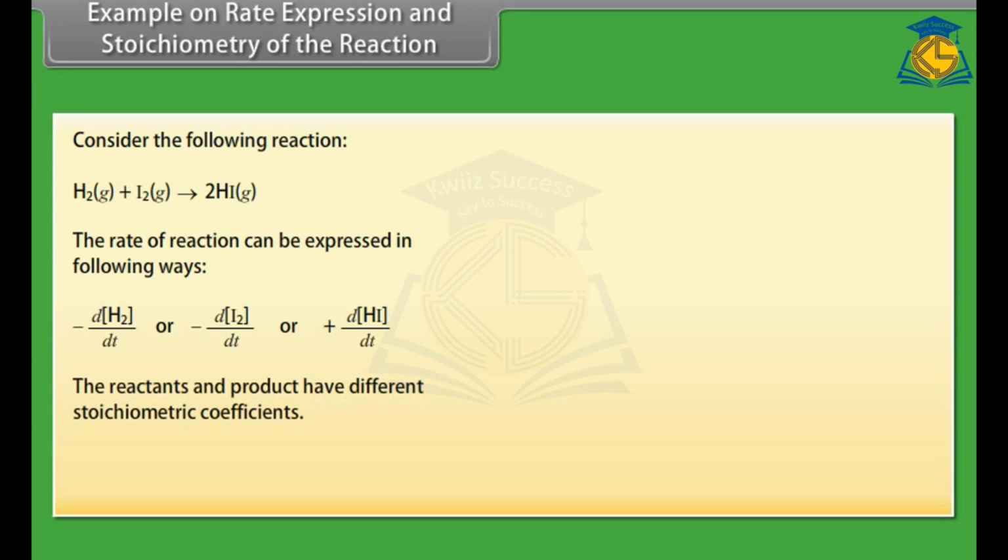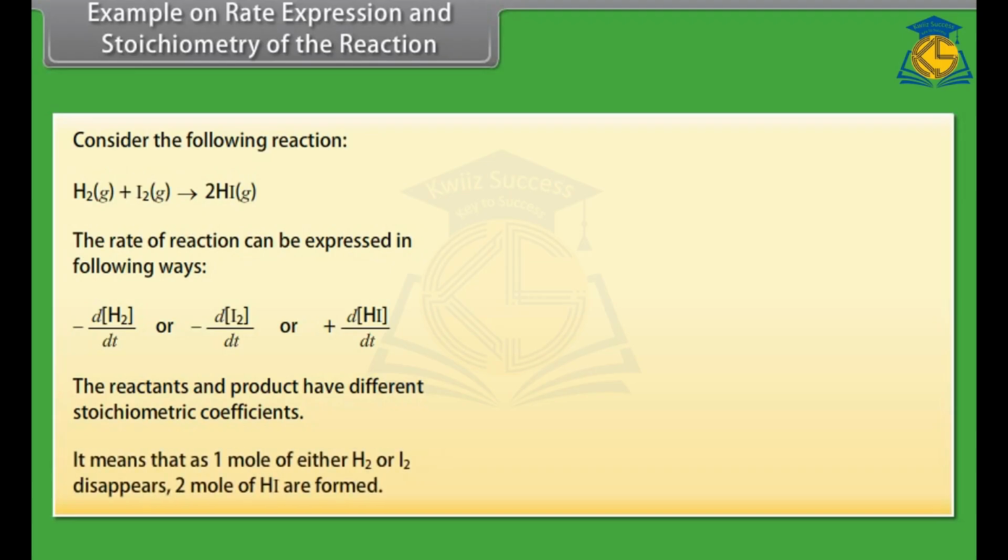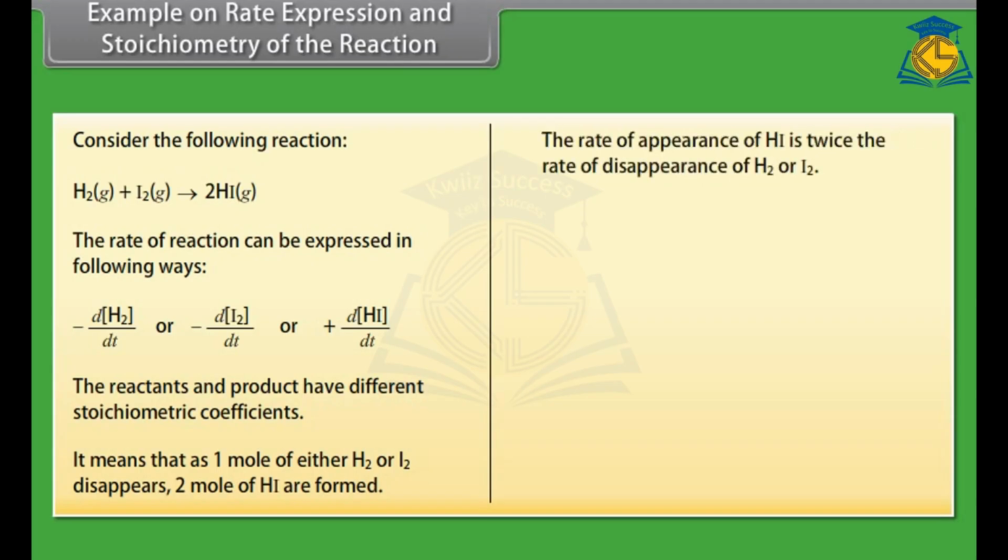The reactants and product have different stoichiometric coefficients. It means that as 1 mole of either H2 or I2 disappears, 2 moles of HI are formed. The rate of appearance of HI is twice the rate of disappearance of H2 or I2. Thus, minus d by dt of H2 is equal to plus 1 by 2 d by dt of HI.